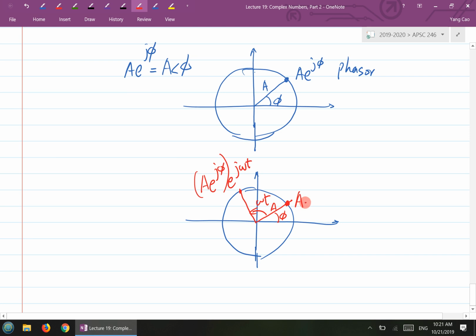And of course, it's going to keep rotating. So what about v of t? If you drop this to the real axis, the component is the original sinusoidal signal, v of t. Okay, so I'm continuing it here to show you how we use the phasor concept to do some simplifications. Any questions so far? Okay, thank you.